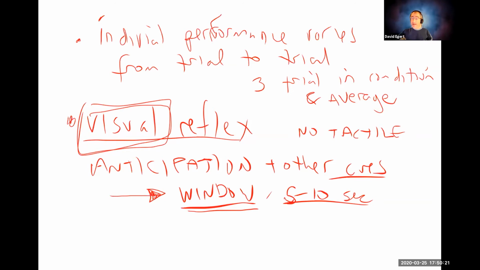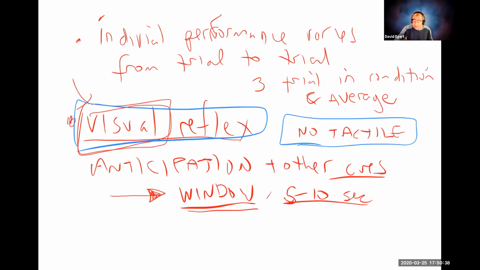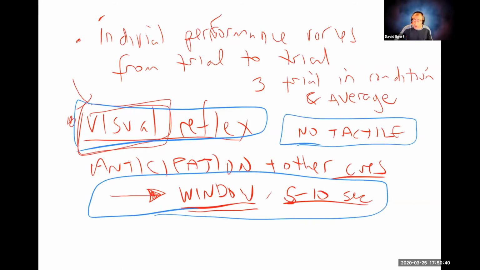So it's not like go and they grabbed because you said go rather than they saw it move. So we can try to ensure that it's a visual reflex by making sure that they're not touching it, giving them a window so they're not anticipating it or responding to some other thing like you're talking or whatever.